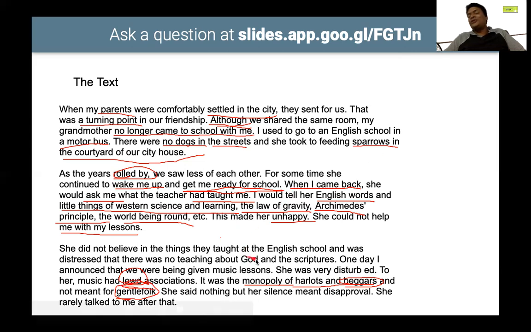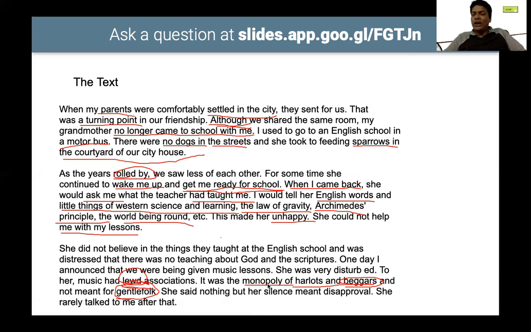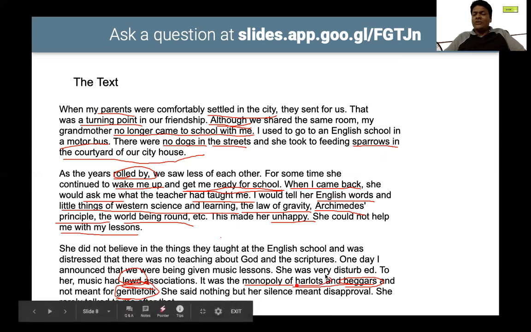So she rarely talked to me after that. So after that, the writer's grandmother did not talk to the writer a lot, or hardly talked to the writer. Now, that is what we can say. Harlots means a woman who used to sing songs for earning money.